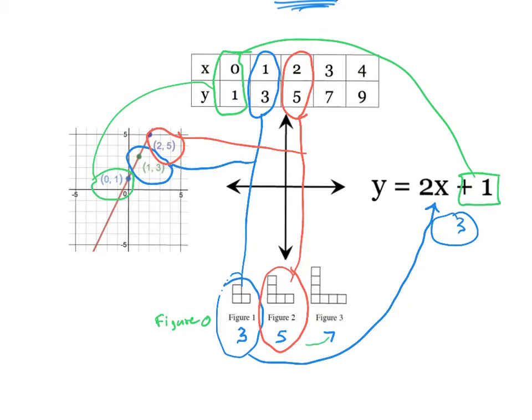Notice we're subtracting 2 tiles every time if we go backwards. So if I took 2 tiles off figure 1, I'd have 1 tile. And if you look at the equation, that's the plus 1. So this is just another representation. But this is what we're going to be studying and what we're going to be learning how to do in Chapter 2.